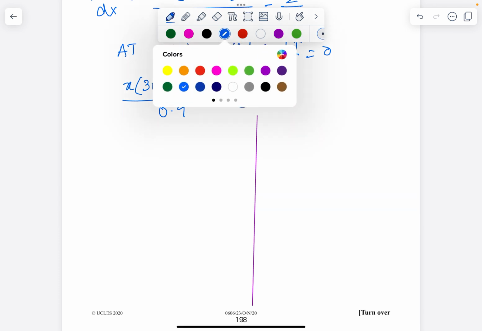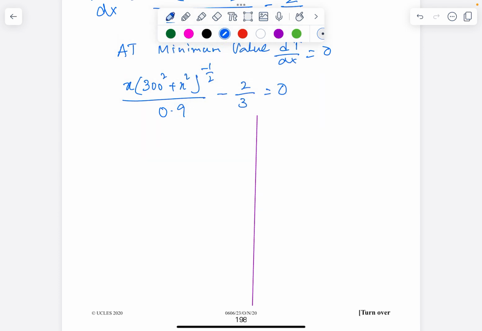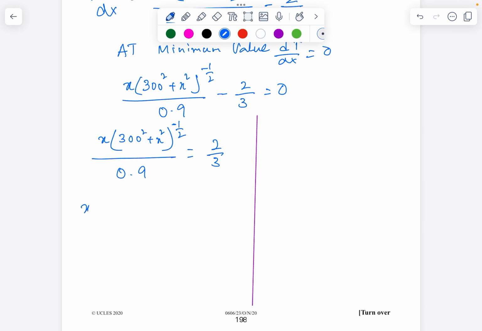First I'm going to send the negative 2 over 3 to the other side. It becomes positive. Then I will send the 0.9 also, times 0.9 on both sides. So it gives me 3 over 5.